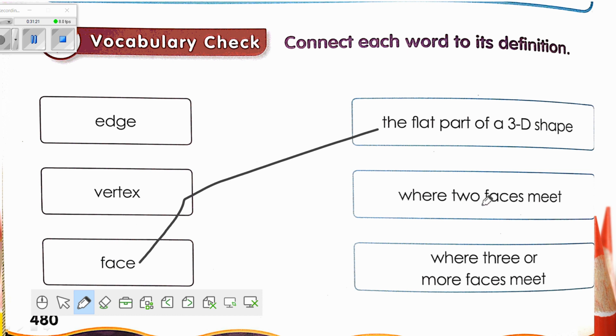Where two faces meet, the line where two faces meet: edge. And the last one is vertex, where 3 or more faces meet. This is vertex.